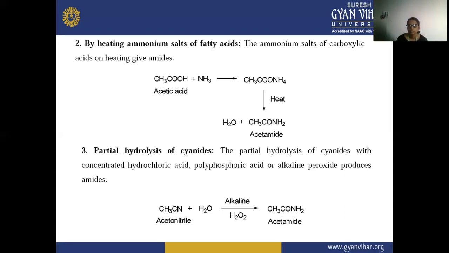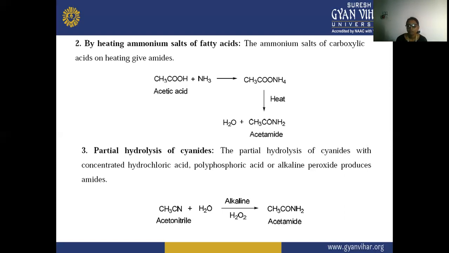Again, I'm telling you the second and the third reaction. In the second reaction, by heating ammonium salt of fatty acid, we have to heat the ammonium salt of fatty acid. After that, there is a formation of this acetamide.